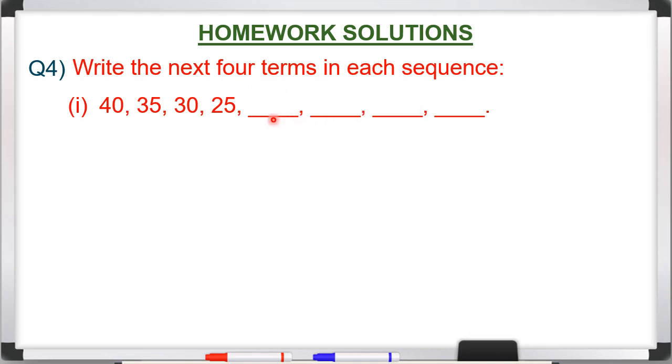Clear beta? See, first of all, this number series is given in descending order. So we have to find out the difference between first two given numbers. First two given numbers are 40 and 35. 40 minus 35, 5. Now we have found the difference, that is 5.